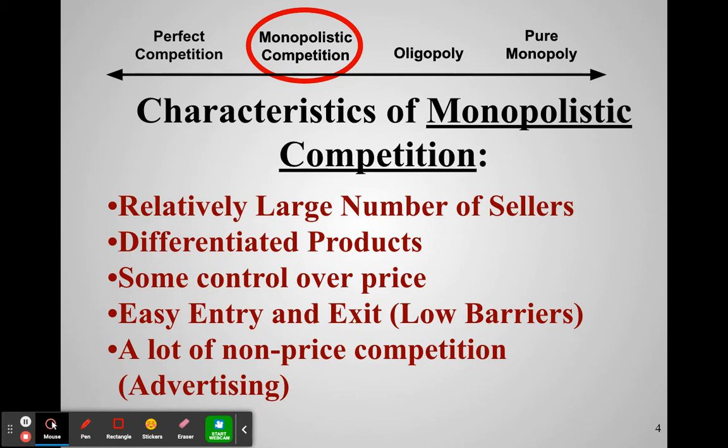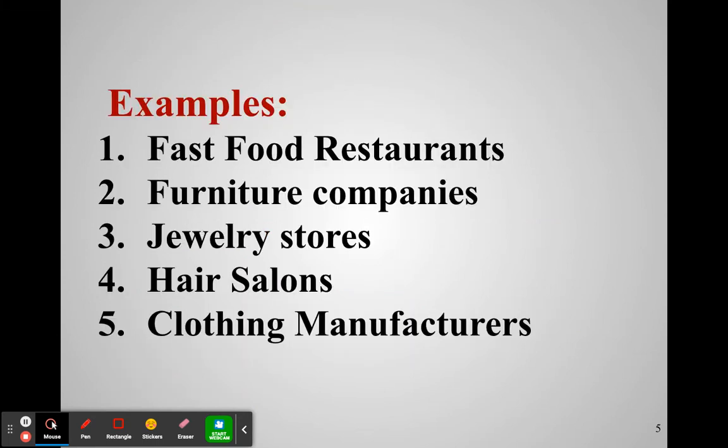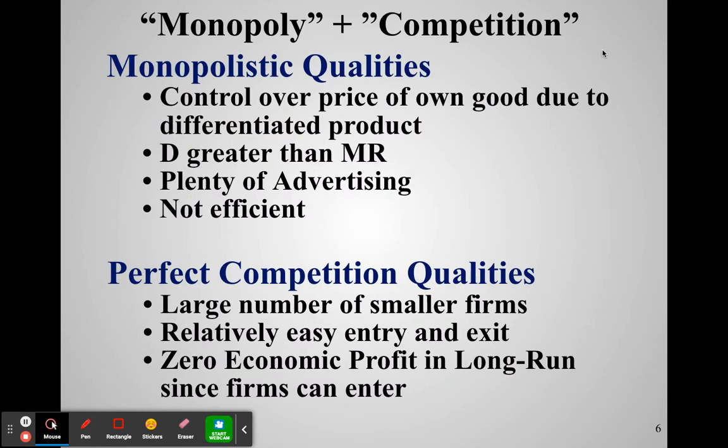They're not identical, like in perfect competition. You do have some control over price, but it is still easy to get into the market. Examples would be fast food restaurants, furniture companies, jewelry stores, hair salons, clothing manufacturers. If you wanted to open up your own shoe store, all of that would be examples of monopolistic competition.